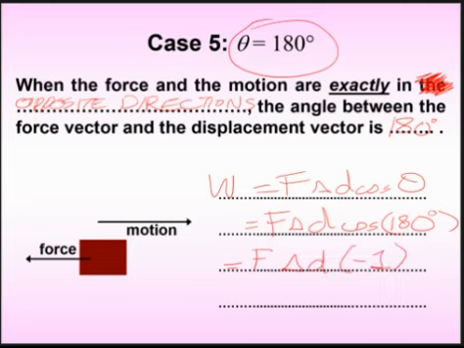What do you get when you multiply a number by negative 1? Well, when you multiply it just by 1, what do you get?